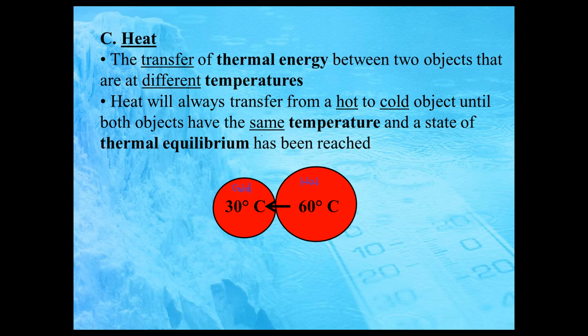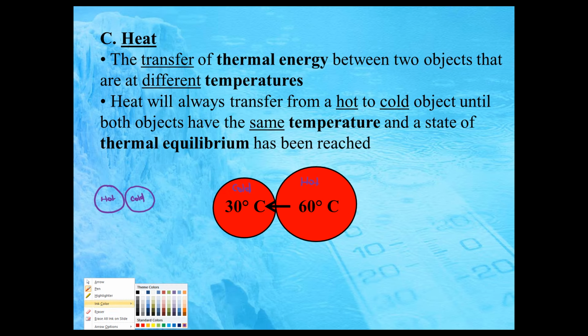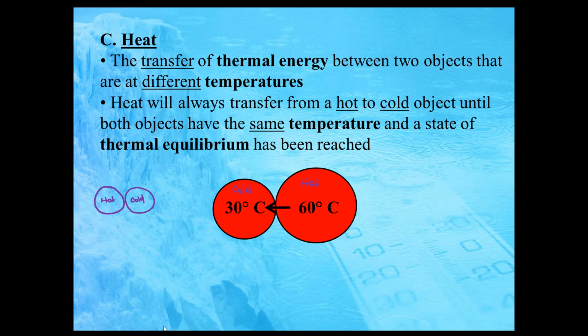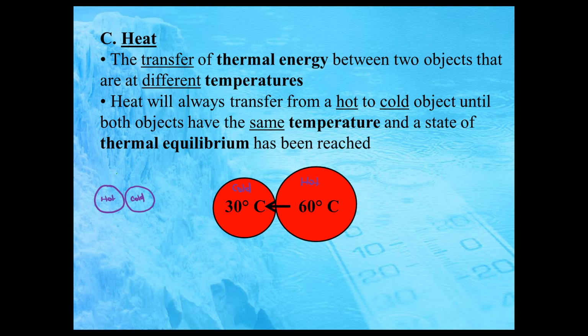Now, if you're wondering why thermal energy always goes from hot to cold, let's say we have two objects. This one's hot, and this one here is cold. An object at a greater temperature would have particles that are moving a lot faster. So for a substance at a hotter temperature, I would expect the particles to be vibrating a lot more.